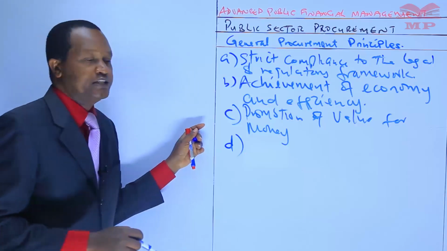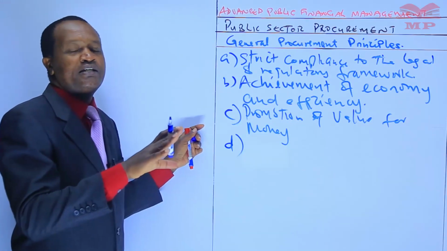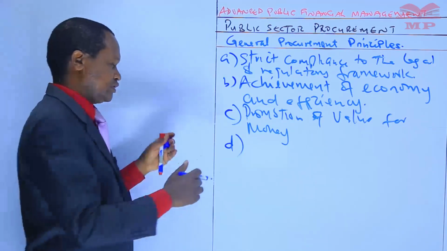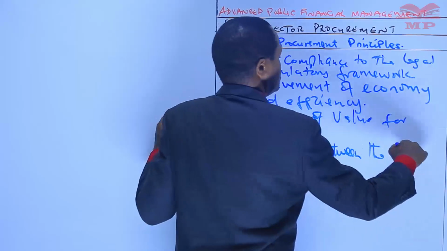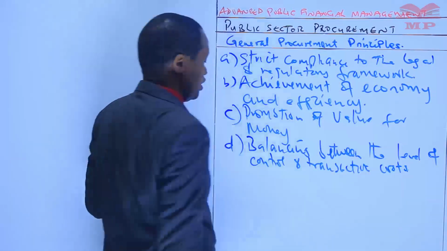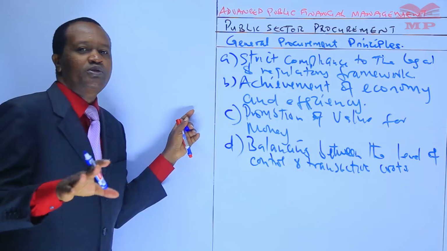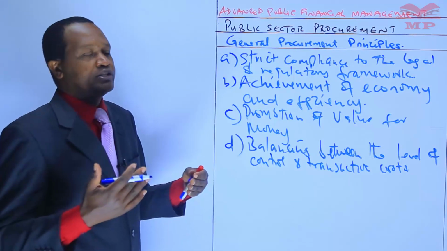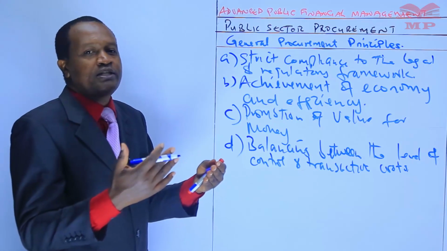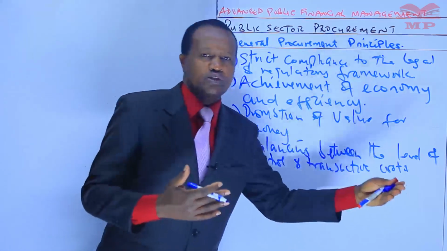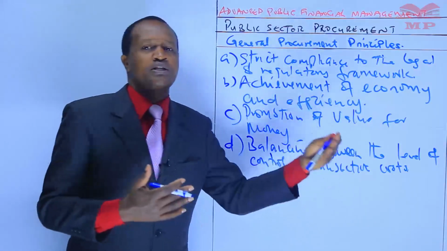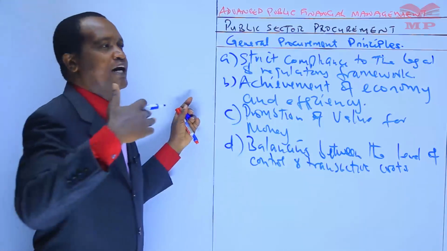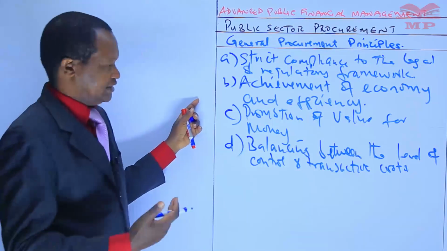Four is balancing between control and transaction costs. Now, what do I mean? Balancing between the level of control necessary to mitigate risk of loss and the size of transaction costs, as it pertains to both direct costs as well as administrative burden and delay.